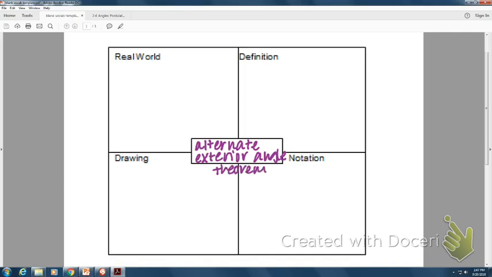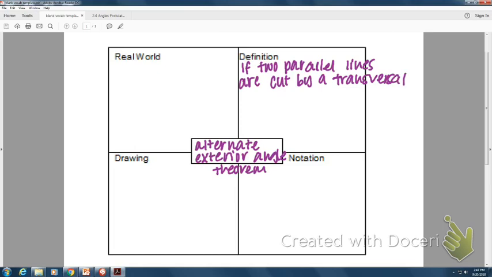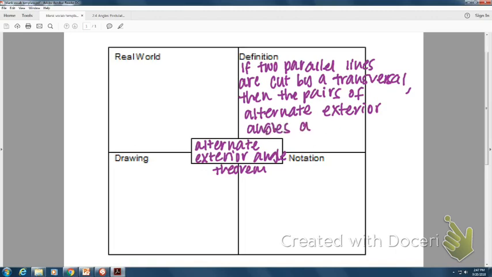The alternate exterior angle theorem, very similar: if two parallel lines are cut by a transversal, then the pairs of alternate exterior angles are congruent.